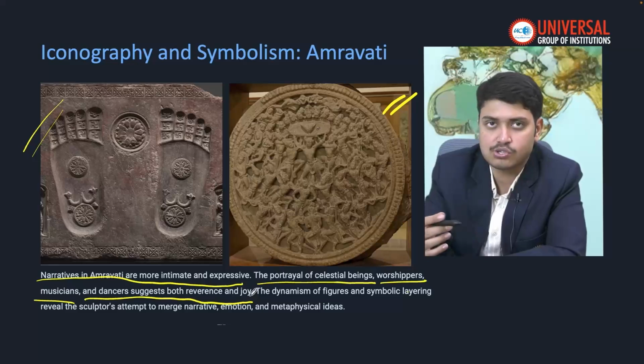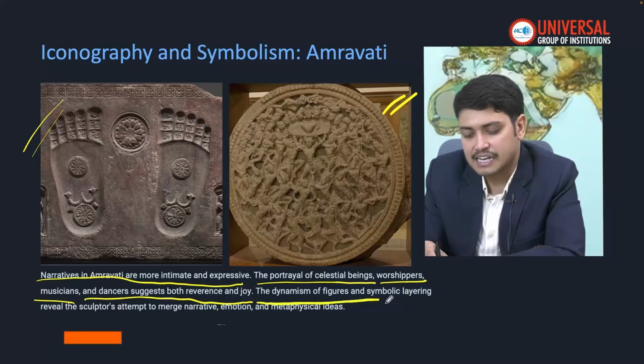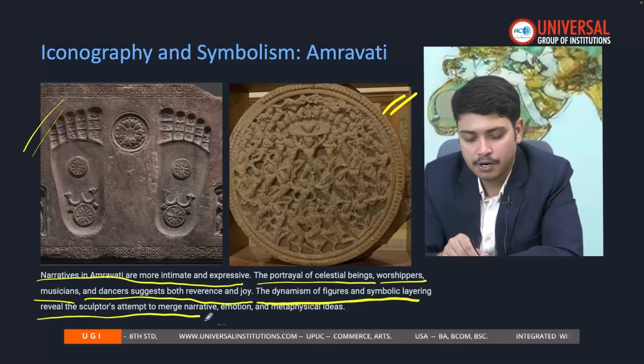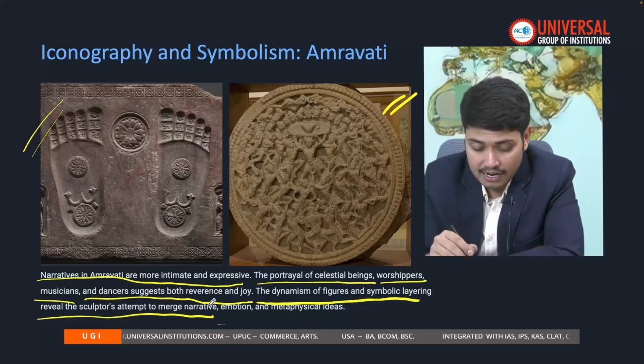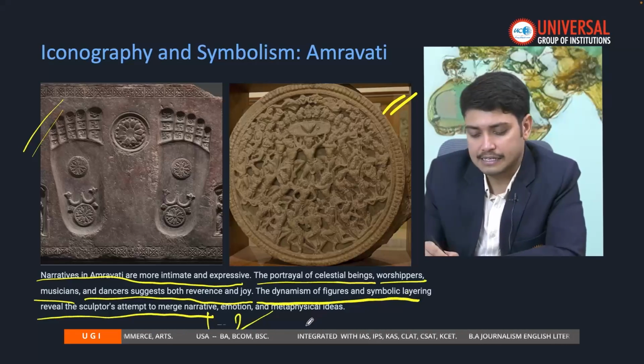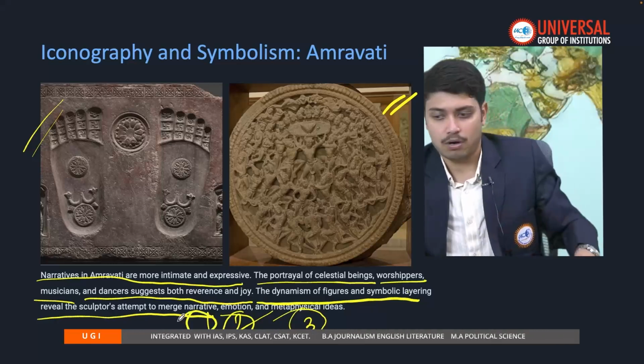You'll find all sorts of characters and figurines, and the dynamism of figures and symbolic layering reveal the sculptor's attempt to merge narrative on one hand with emotion and metaphysical ideas, a bigger philosophical framework.